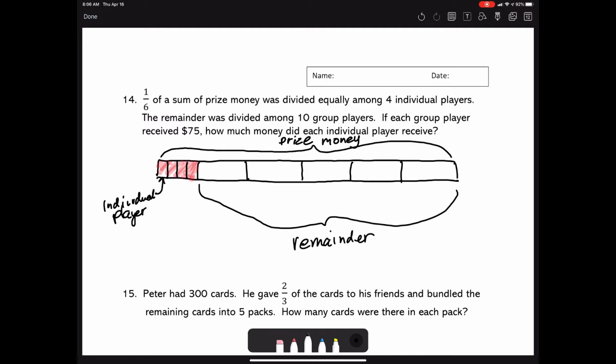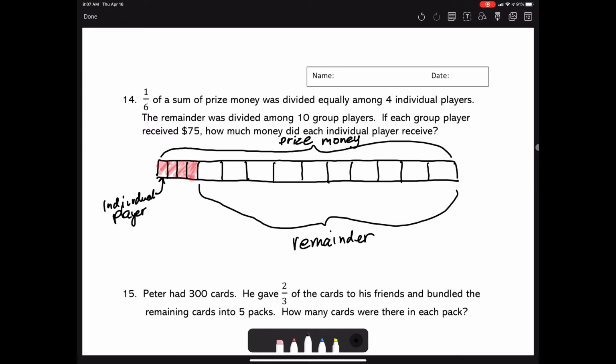Now, if all of this money was divided equally among 10 group players, I can see right now that I have 5 equal parts in this remaining money. If I just cut those parts in half, then I will have 10 equal parts, which would take care of my 10 group players.